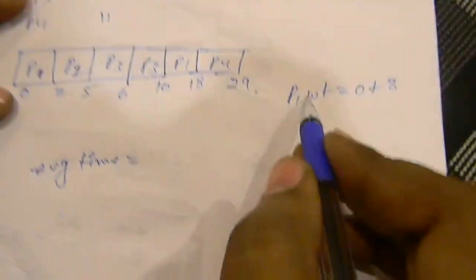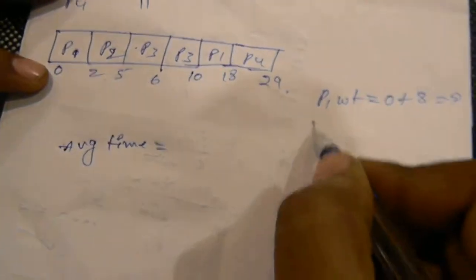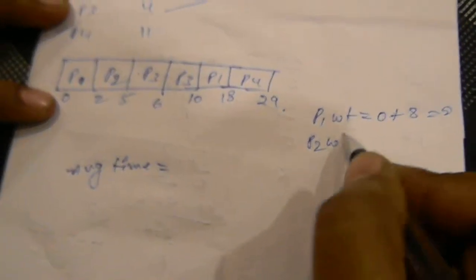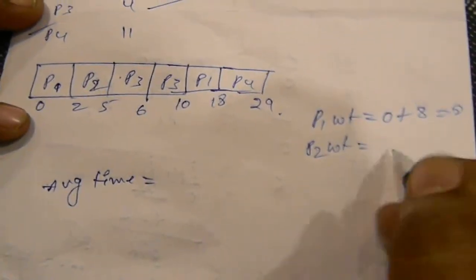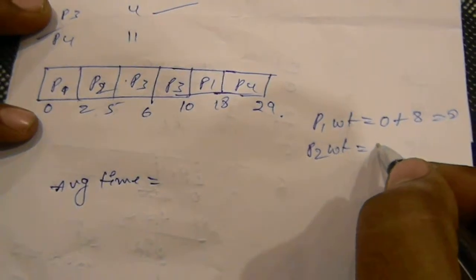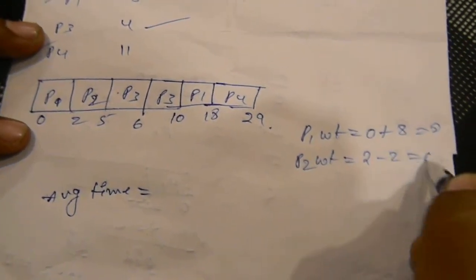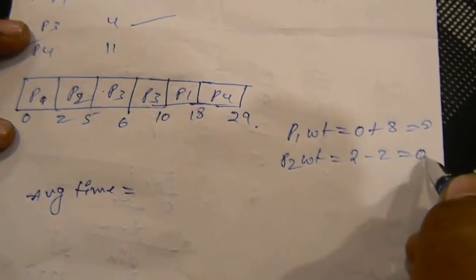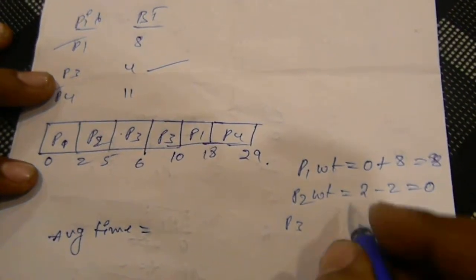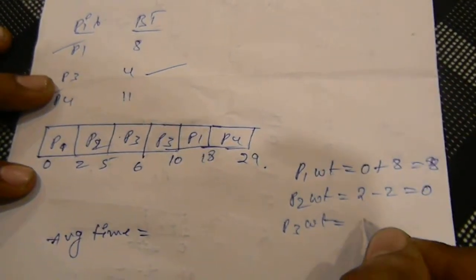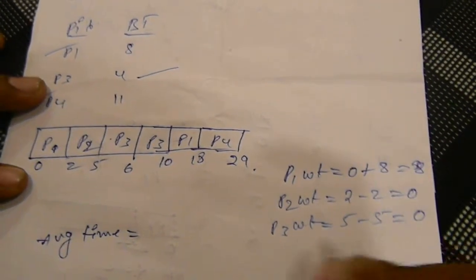So the P1 waiting time becomes 8 milliseconds. Now P2 arrives at 2 milliseconds and starts execution at 2 milliseconds, so 2 minus 2, its waiting time is 0 milliseconds. Now P3: it starts execution at 5 milliseconds and arrives at 5 milliseconds, so the waiting time was 0.